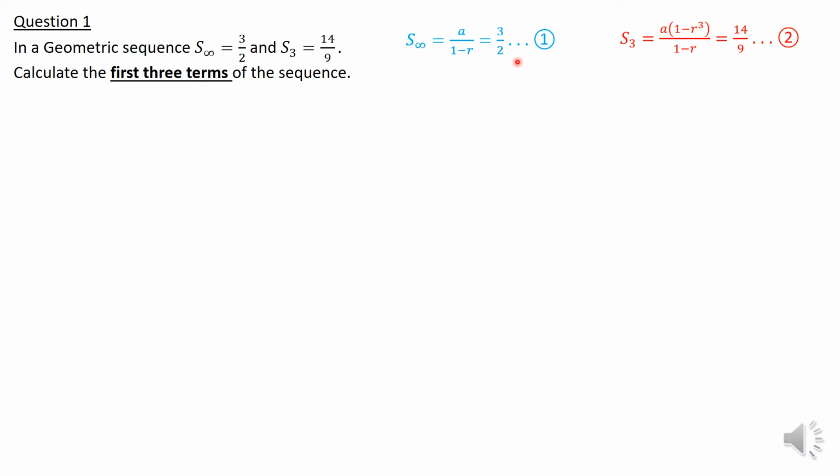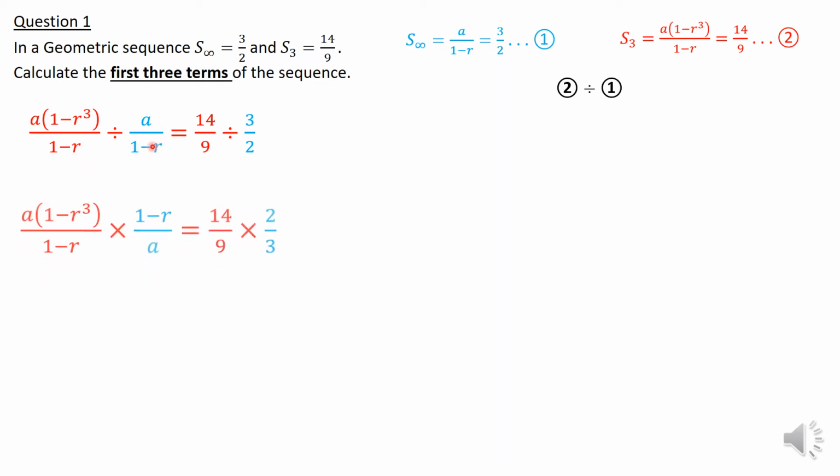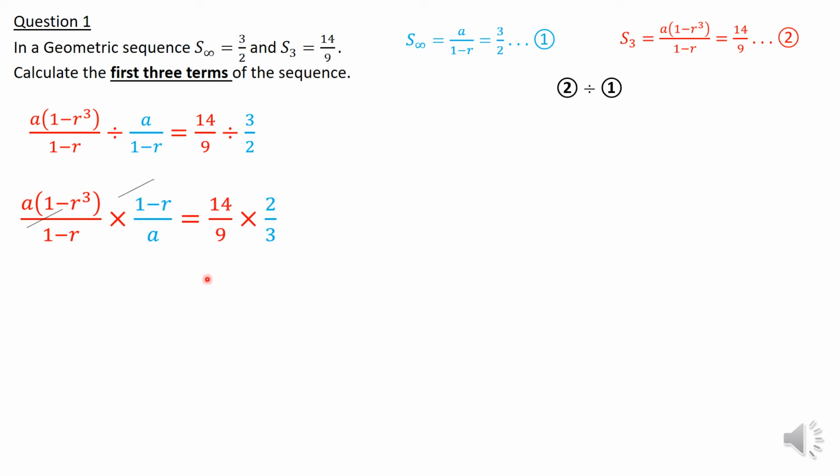So we are going to solve these two equations simultaneously by dividing the second one by the first. Either way, you would get the same result. I'm just writing them in this way, and I've used this light blue to differentiate the sum to infinity. There's something very interesting about writing the S sub n formula this way, not r minus 1, but in this way, such that your sum to infinity formula, which has 1 minus r, will definitely cancel the 1 minus r.